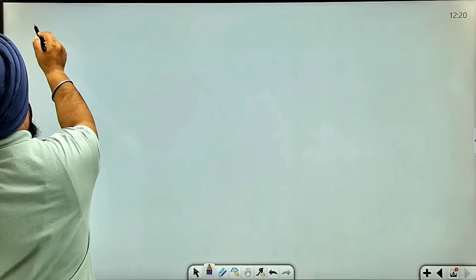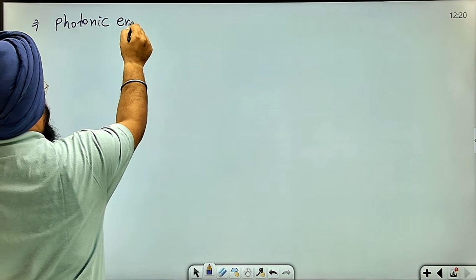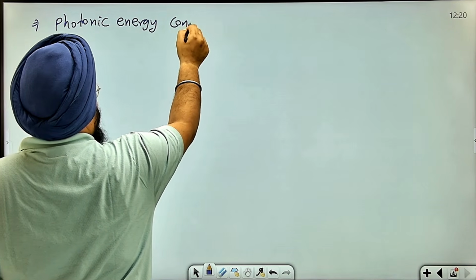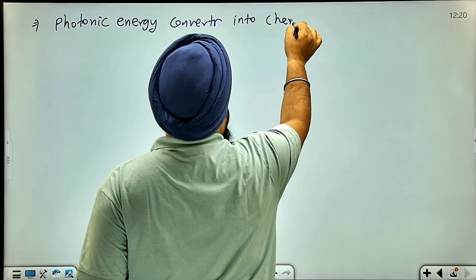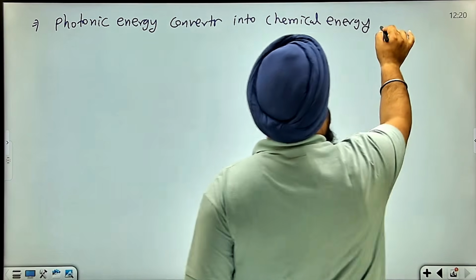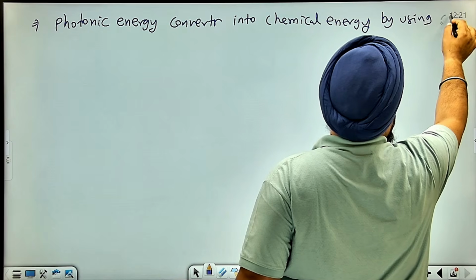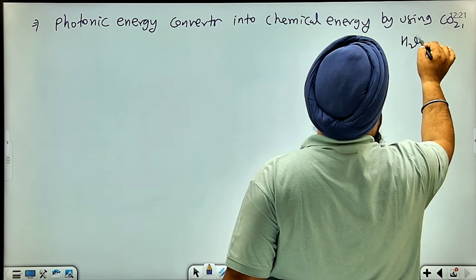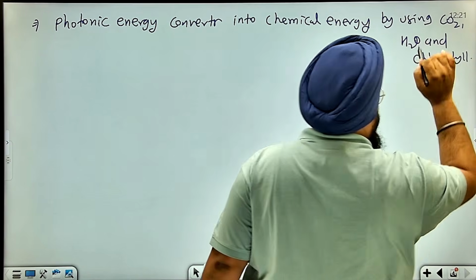Then the process is understood by a definition, that is: photosynthesis is a process in which photonic energy converts into chemical energy by using CO2, water and chlorophyll.